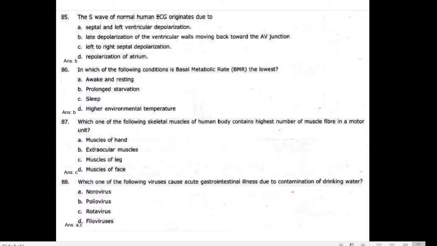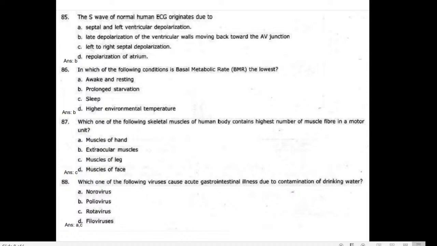Filoviridae includes Ebola and related viruses that cause similar disease. These filoviruses have similar functional expressions to the Zika and Ebola viruses, but they cause dangerous hemorrhagic fever, which means blood bleeding may occur due to this virus.